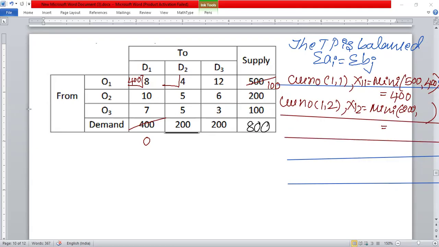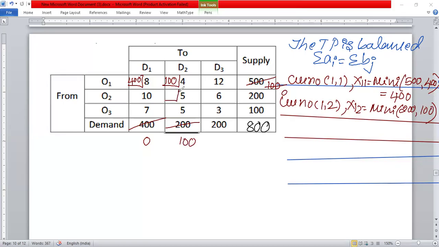Ready. Minimum is 100, right? Yes, 100 and 200, so minimum is 100. Okay. 100 minus 100 is 0, 200 minus 100 is 100. Now row 0 happened, we'll move on to column.